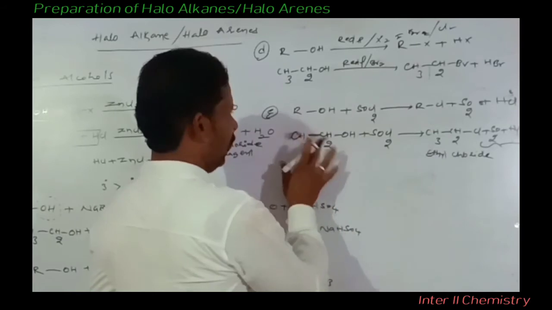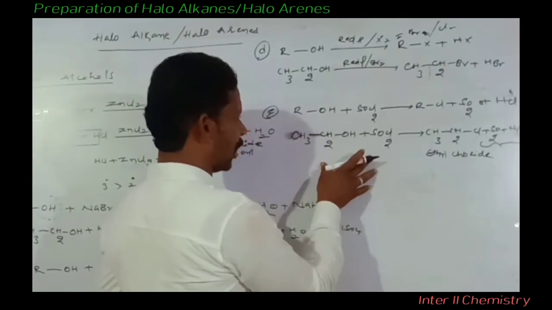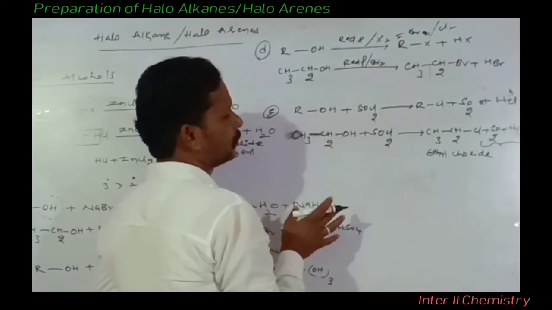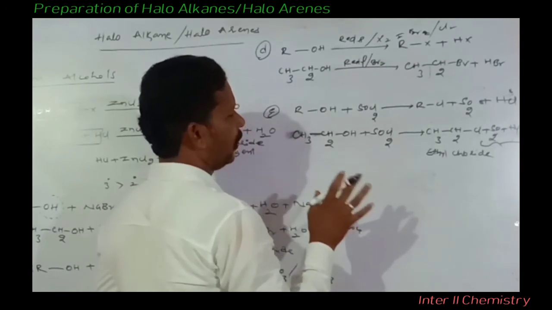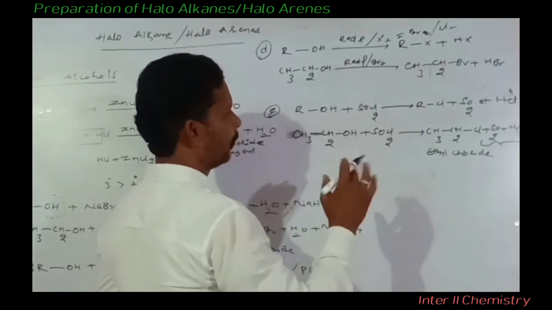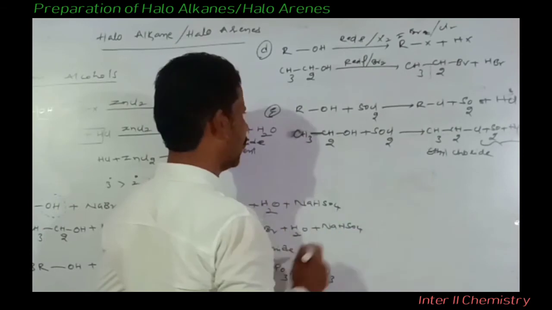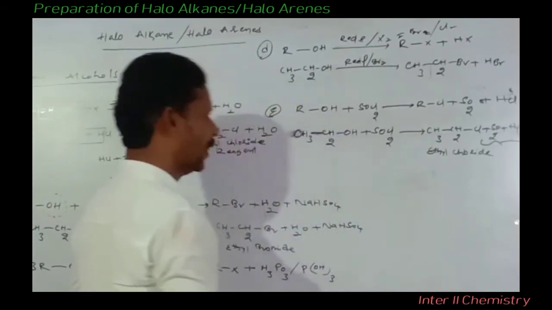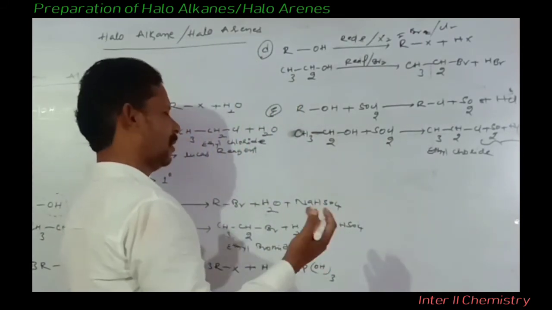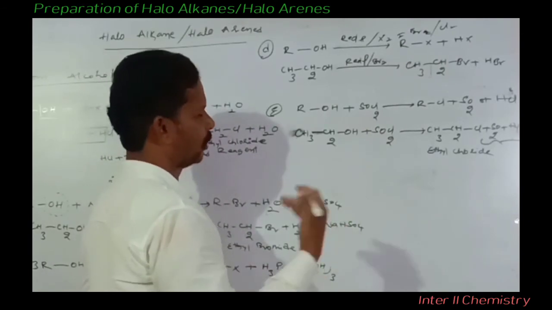So that's why the reaction of thionyl chloride with alcohol is a high-yield reaction for the preparation of alkyl halides, whether ethyl chloride, ethyl bromide, ethyl iodide, whatever it may be.